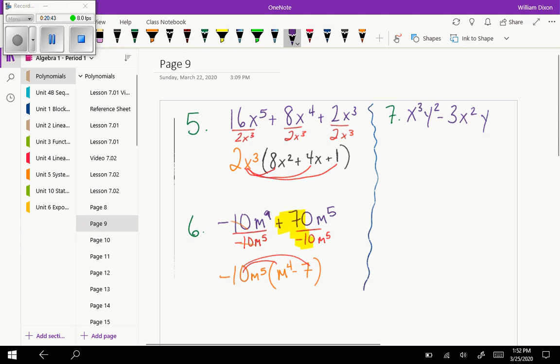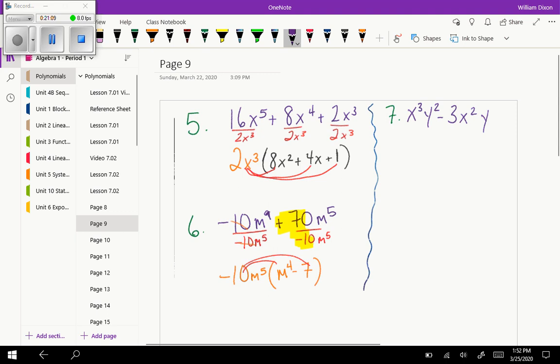The point that's different about number 7 is there is no coefficient in front of the first term. Well, there is a coefficient. That's wrong. The coefficient is 1. So if I'm looking for a greatest common factor between 1, it doesn't exist. Or it's 1.